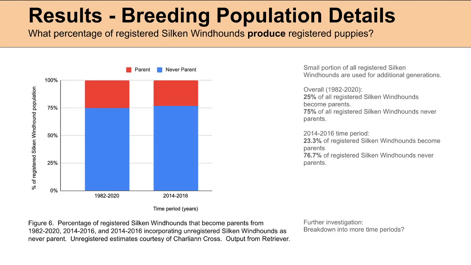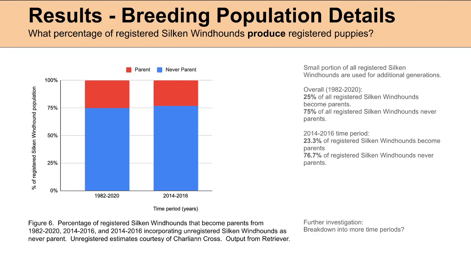I wanted to break it down by what's happening in the overall population versus a recent time period. So I looked at the overall population from 1982 to 2020, and then I looked at a smaller time period where these animals were mature, they were bred, and likely a good number of them that were going to be bred have been bred, since they're 7 to 5 years old.